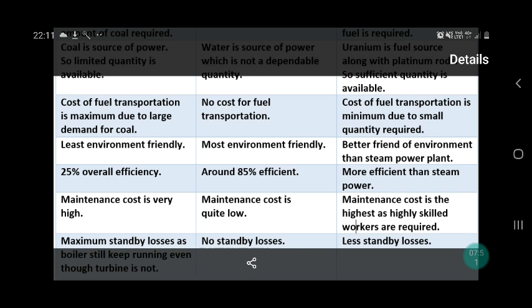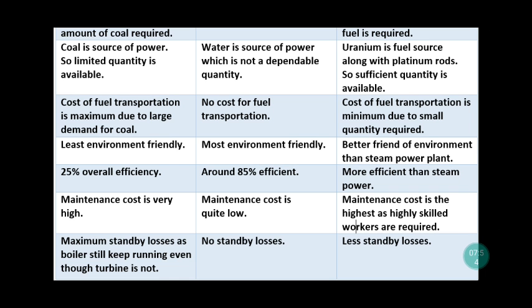Then we will talk about maintenance cost, which is high in thermal plant, quite low in hydro plant, and higher in nuclear power plant as highly skilled workers are required. Now the last point: maximum standby losses take place in thermal power plant.